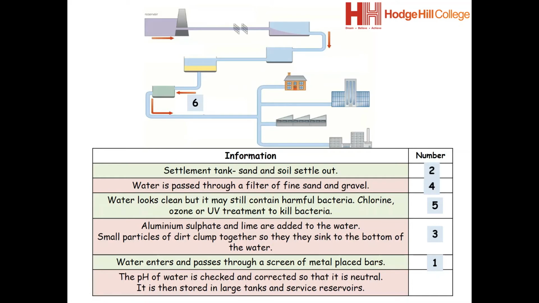So to combat that, chlorine, ozone or UV treatment would be used to kill bacteria. And the final stage is where the pH of the water is checked and corrected so that it's neutral. It is then stored in large tanks and service reservoirs, and obviously it can be transported to wherever it's required.